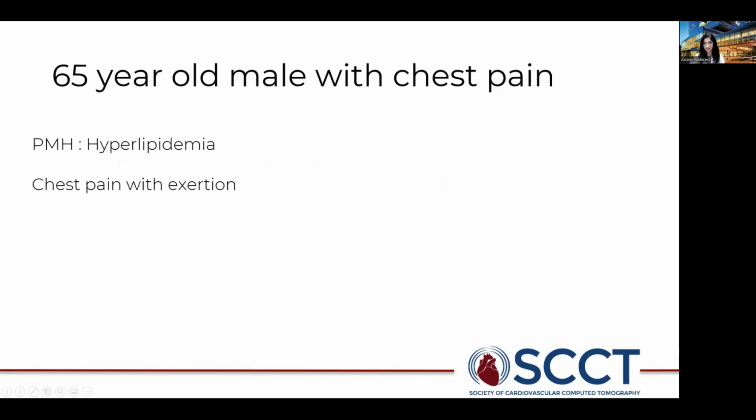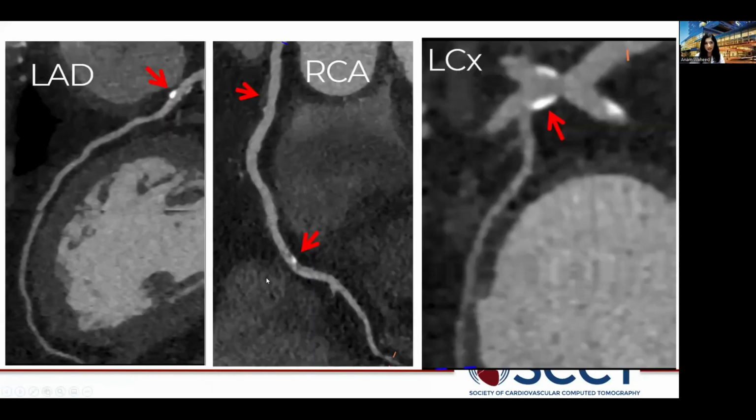My next case is that of a 65-year-old gentleman with chest pain. The past medical history that we had was hyperlipidemia. He was having some chest pain with exertion. He hadn't had any prior cardiovascular imaging. And these are representative curved MPR views of his coronary arteries. The LAD curved MPR view shows that there is a medium amount of calcified as well as some non-calcified plaque in the LAD, really resulting in some mild stenosis at that level.